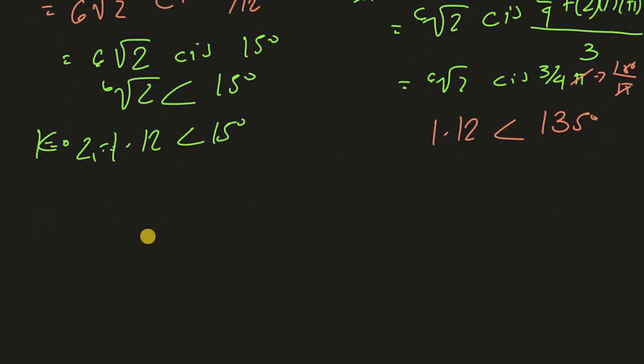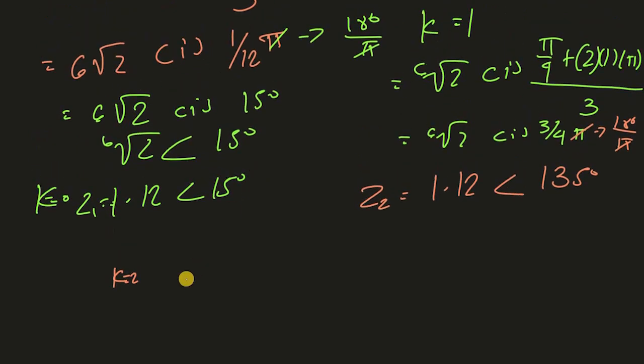Now for k sub 2, so this is z sub 2. So now if k is equals to 2, I will just copy that. That's 6 square root of 2 CIS pi over 4 plus next doon, that's 2.